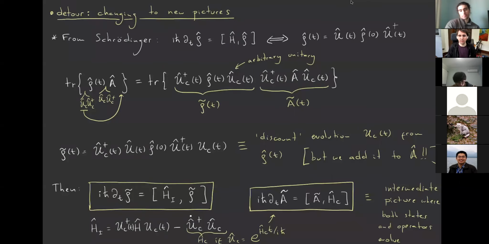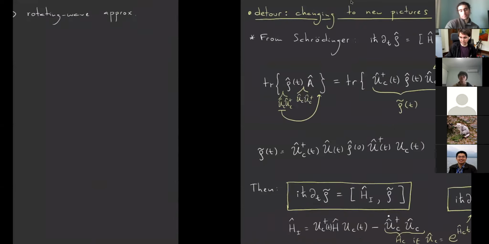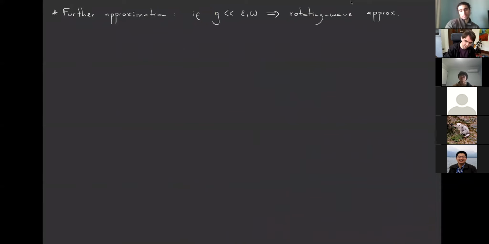So let's apply this change of picture to the previous Hamiltonian that we were analyzing. And in particular, let's change to something that we usually call the interaction picture. And what is the interaction picture?